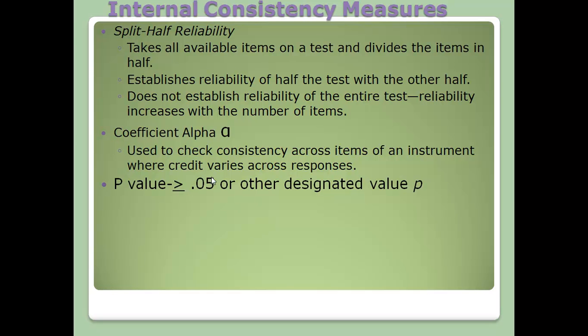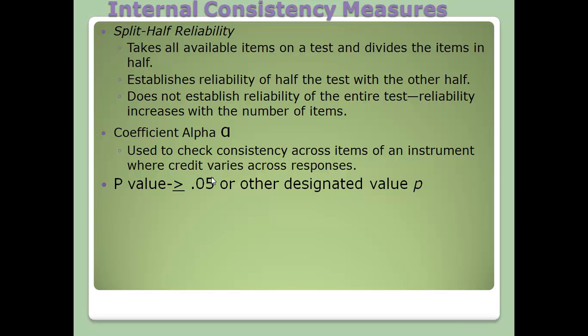Now the coefficient alpha is what we use to check the consistency, and unfortunately my alpha sign didn't come out right, so I will show you that in class. And it's used to check the consistency across items. So whenever you see that little alpha sign, it looks kind of like a little 8 on its side, we're talking about the coefficient alpha, and we're looking at consistency. Now a p-value must be below 0.5.